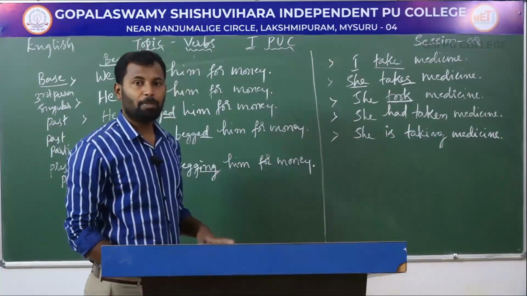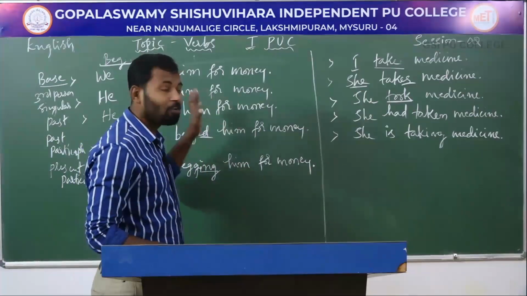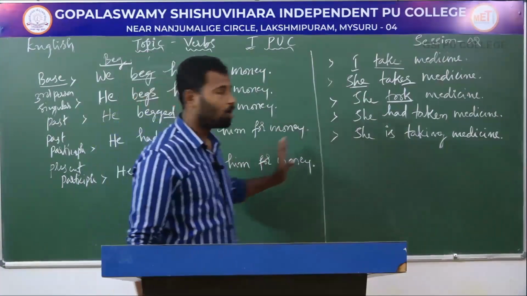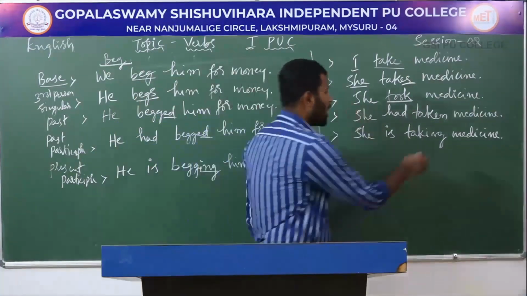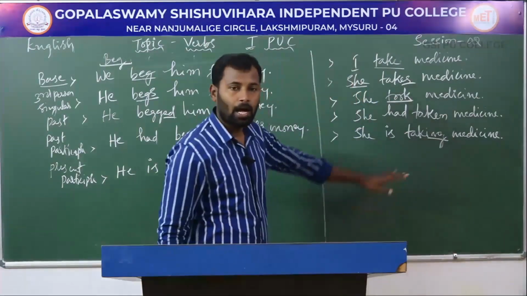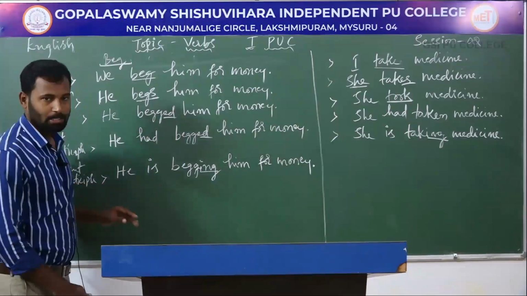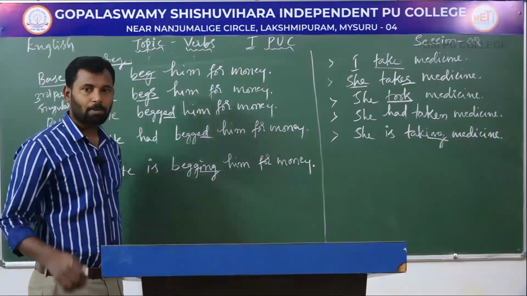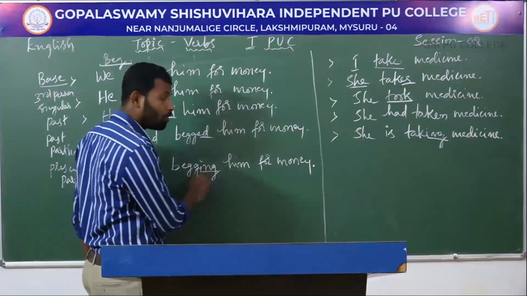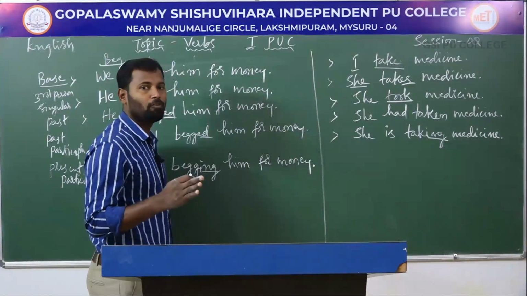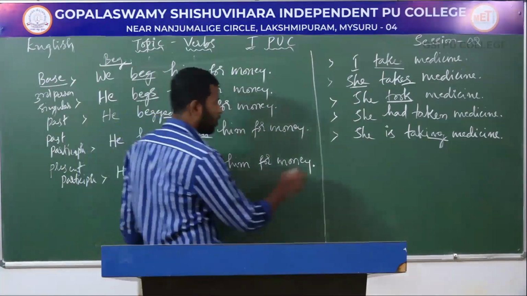For present participle it is the same whether the verb is regular or irregular, it takes the ing form. Here I have told you one thing: in present participle all main verbs, principal verbs, will have the ing form.